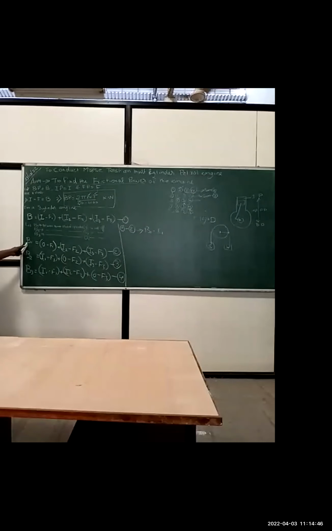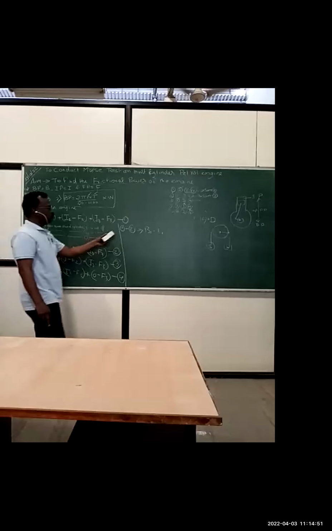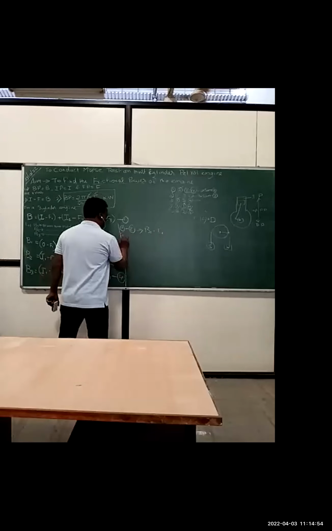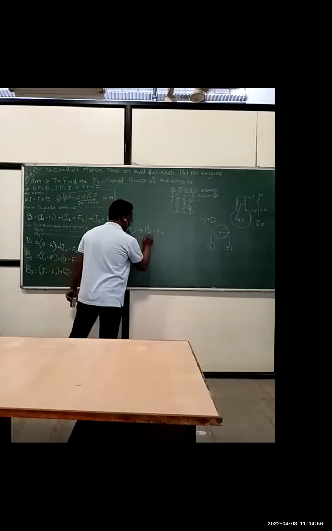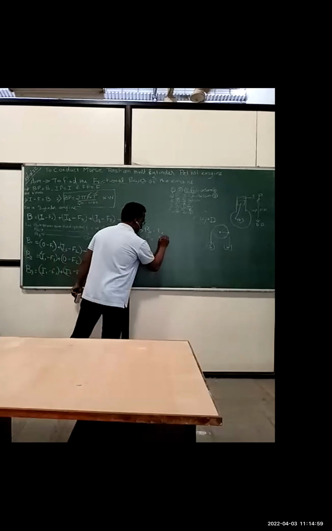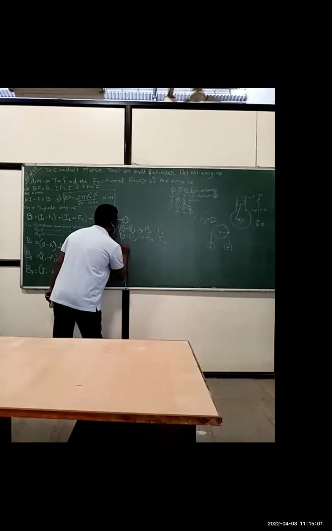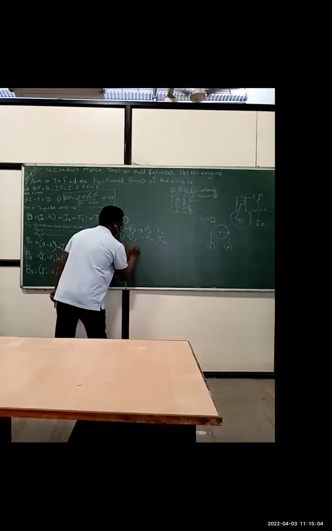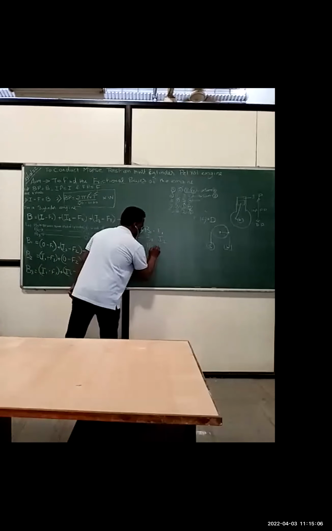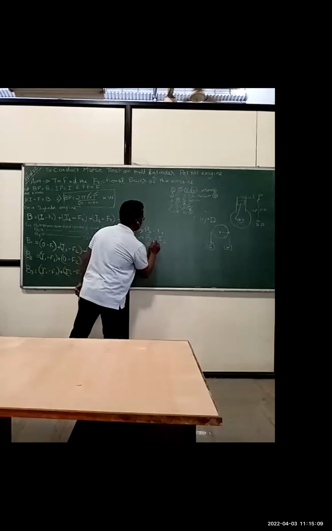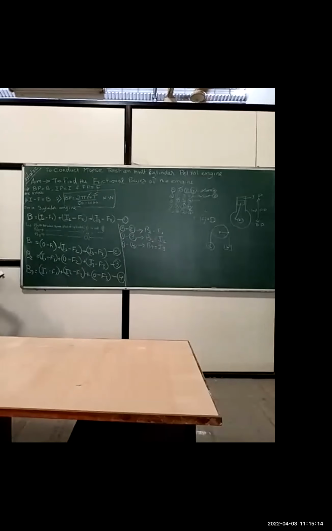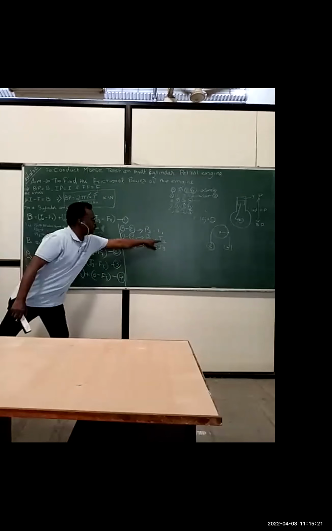So what does B1 correspond to? B1 corresponds to when the cylinder is cut off. Then it becomes equal to I1. Similarly, 1 minus 3 will become I2, and 1 minus 4 will become B3 is equal to I3. Here the terms cancel out, so I2 minus 0 becomes I2.